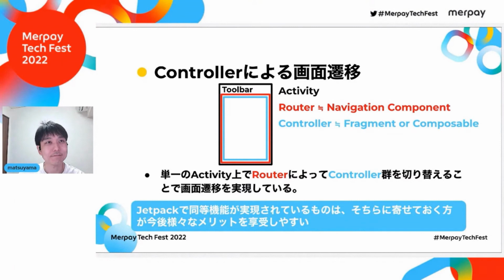So I've been able to get it to work fine as it is. Jetpack Compose can be realized only in the controller, and the similar features are provided in Jetpack Compose.